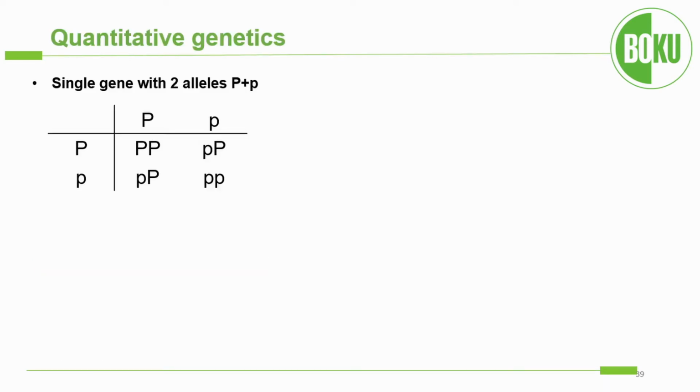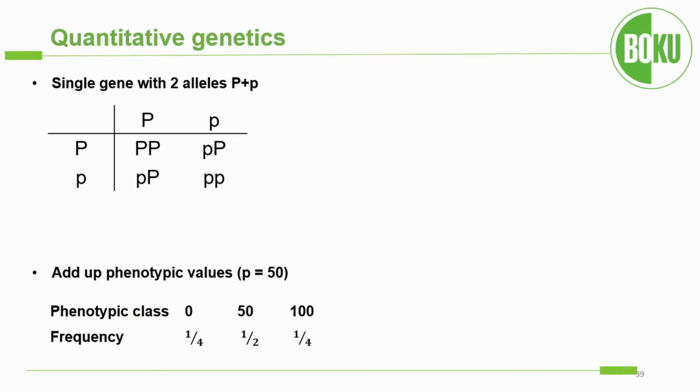Let's assume a trait is controlled by a single gene with two alleles, a large P and a small p. Then you have egg cells and sperm cells, and when they come together, we see genotypes which carry twice the large P allele, others are heterozygous, small p and large P, and others have two small p's.